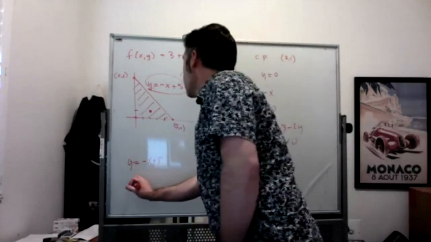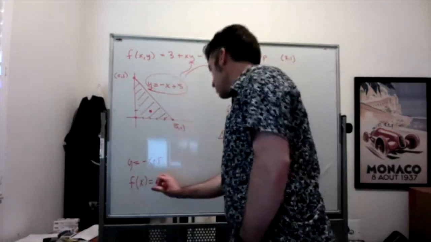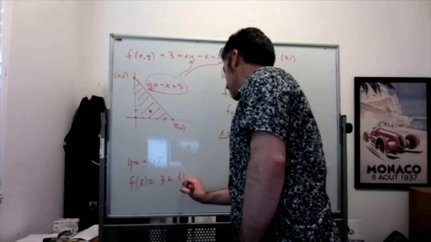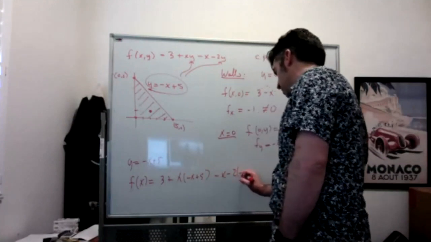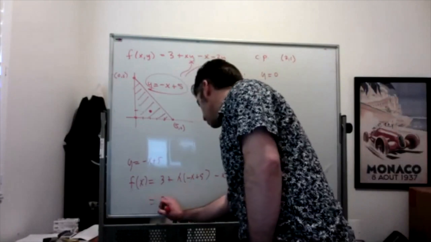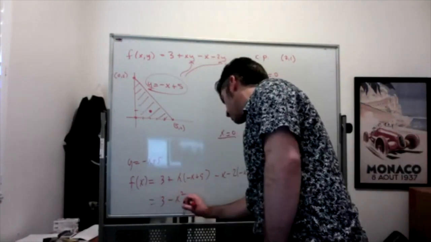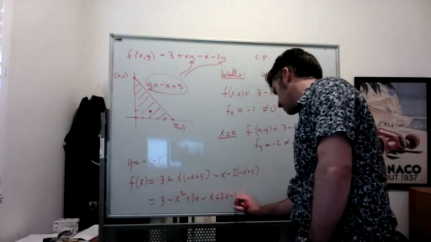I get my function now of x is going to be 3 plus x times negative x plus 5 minus x minus 2 times negative x plus 5. Let's multiply it out: 3 minus x squared plus 5x minus x plus 2x minus 10.